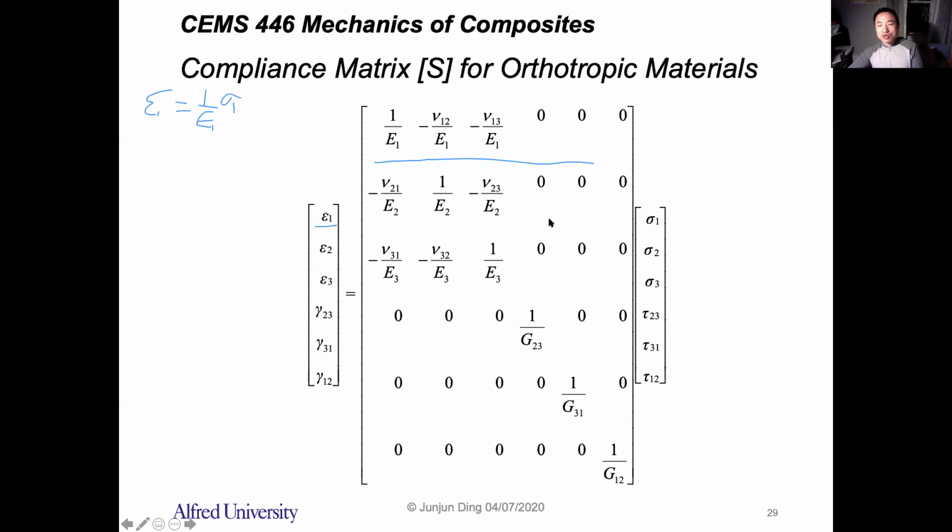And also the second one is Poisson's ratio 12 over Young's modulus 1 times stress in the two direction, right? Minus Poisson's ratio 13 over Young's modulus 1 times stress in the three direction. Okay.